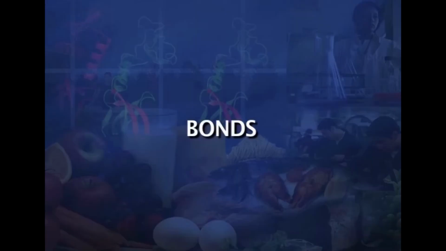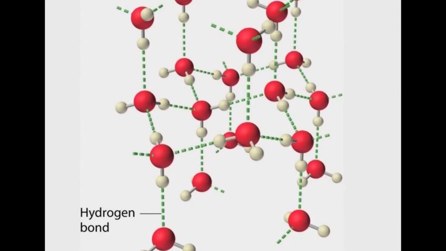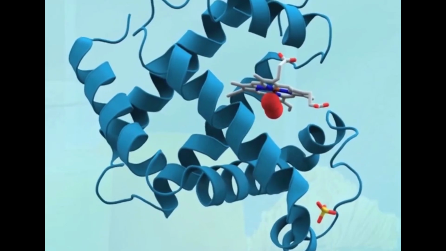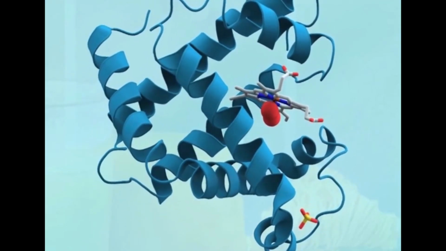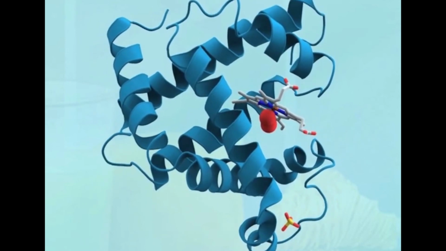Now, we have spoken about bonds. These bonds are individually weak, but collectively they are strong. The weakness gives the protein flexibility to change conformations based on the need of the protein within a cell. Once in place, the collective effect keeps the protein in its proper shape and helps to retain its functions.